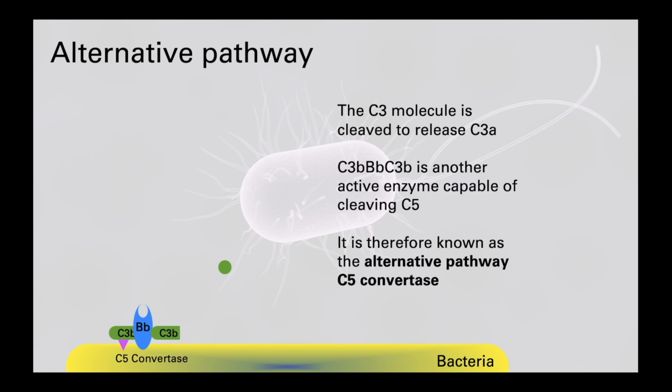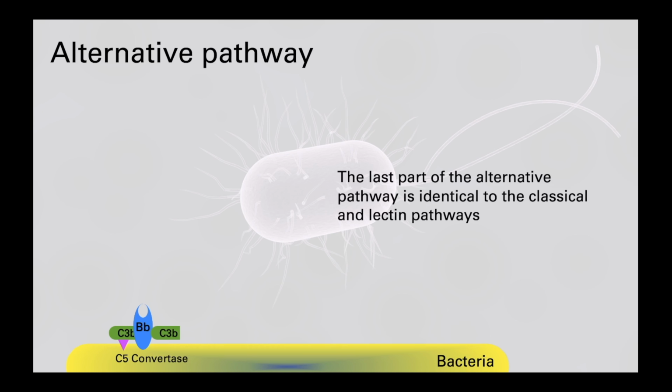This is the amplification step of the complement cascade, as during activation, over 2 million molecules of C3b can be produced in just 5 minutes. What is left behind is the rather confusingly named C3b, Bb, C3b. You may see this written as C3b2Bb, and this is a C5 convertase of the alternative pathway. From then on, the terminal sequence is the same from C5 to C9.